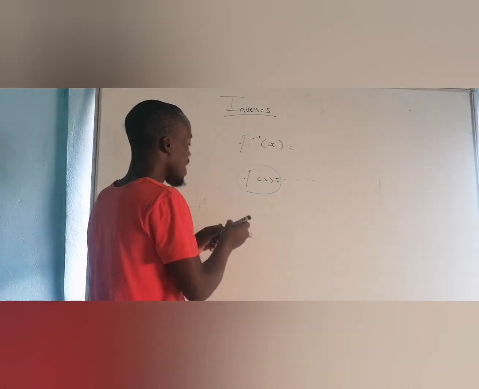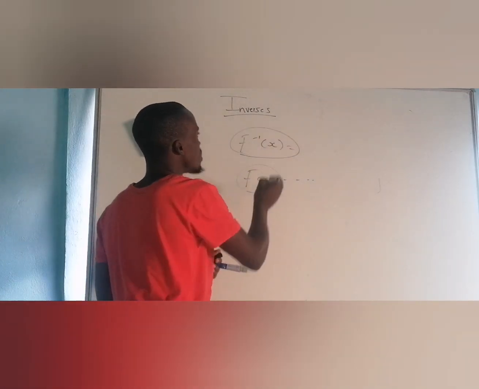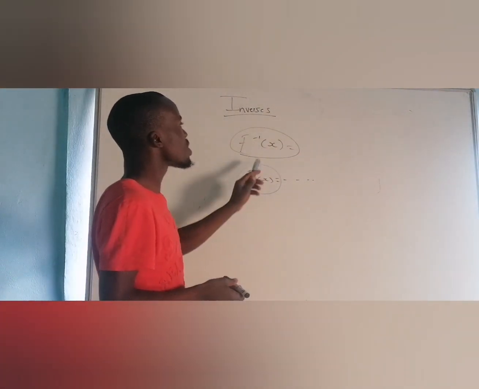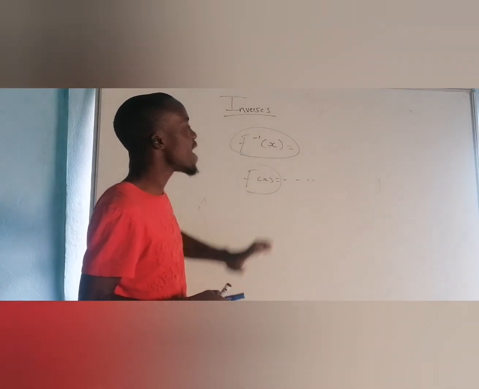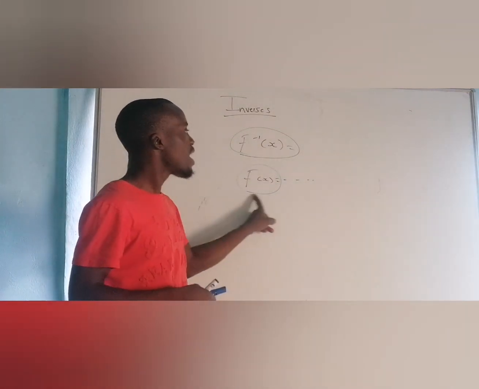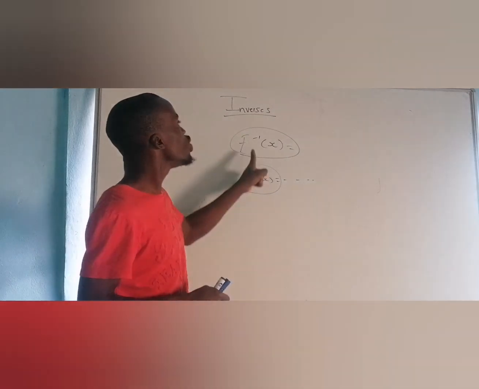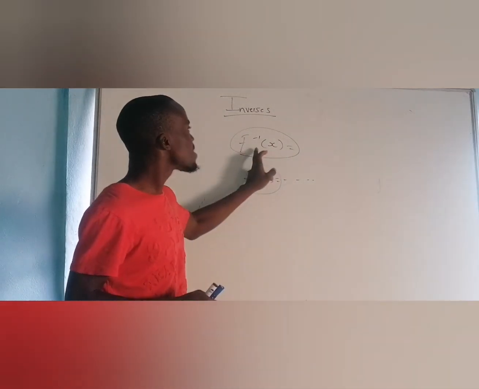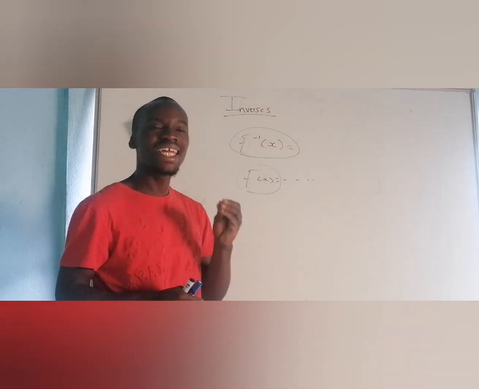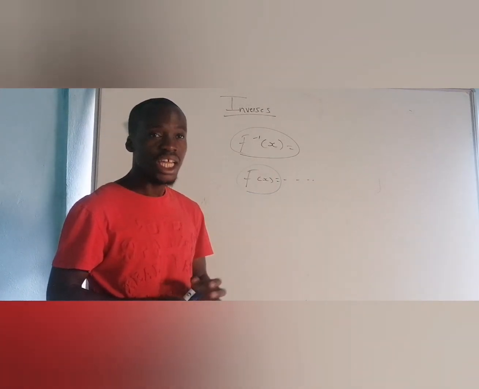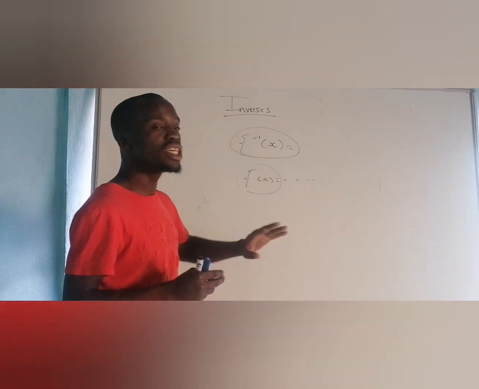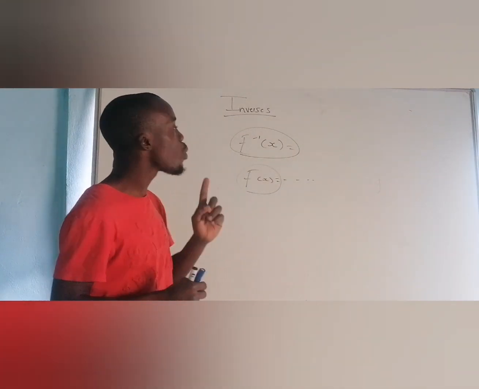And there are rules that apply to this notation, which symbolizes an inverse of an original f of x, meaning that you only use this notation in a one-to-one function. I don't know if you understand that. You do not use it for a many-to-one function, but only in a one-to-one function.